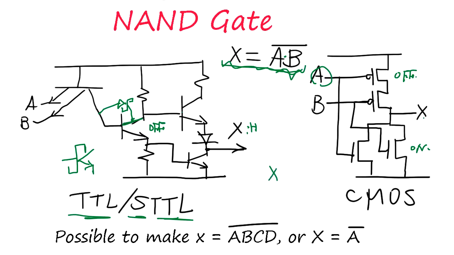So this is actually a NOR gate, right? You don't have to have both high to have this X change. It's only one of them going high, then output becomes low.